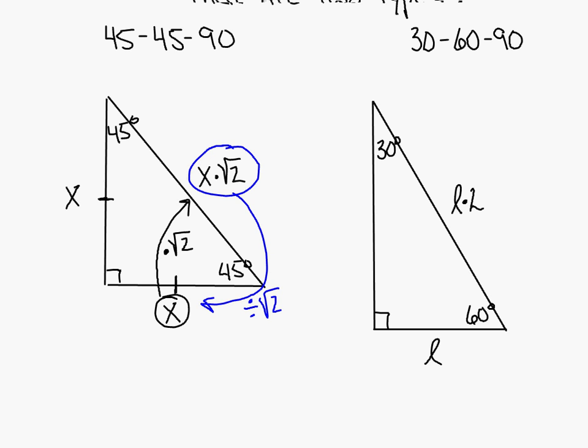The longer leg. All right, the side opposite the 30 is the short leg. The longer leg is the side opposite the 60. The longer leg is the shorter leg times the square root of 3.